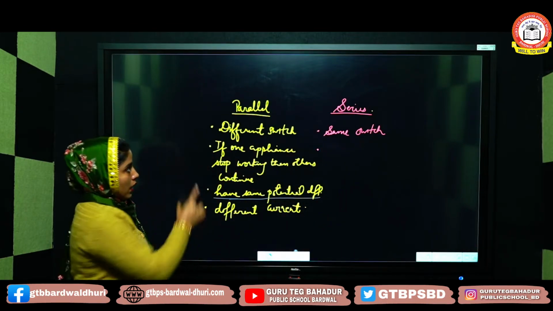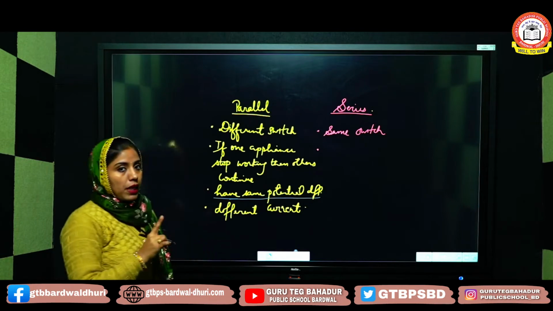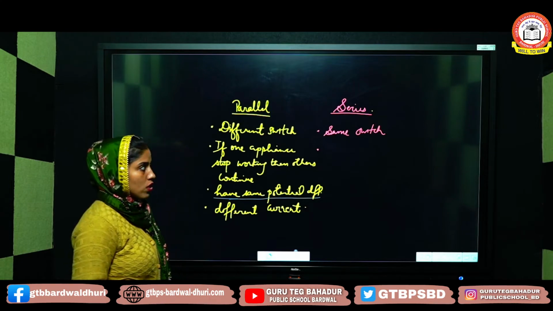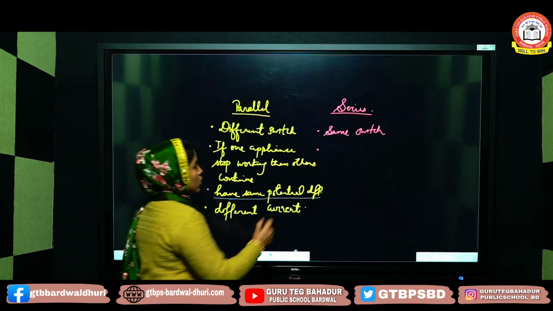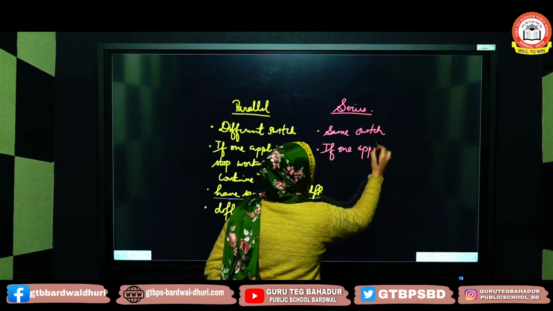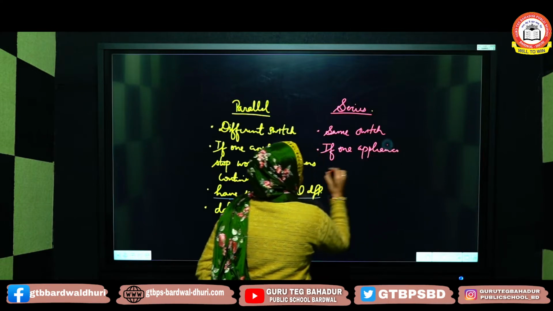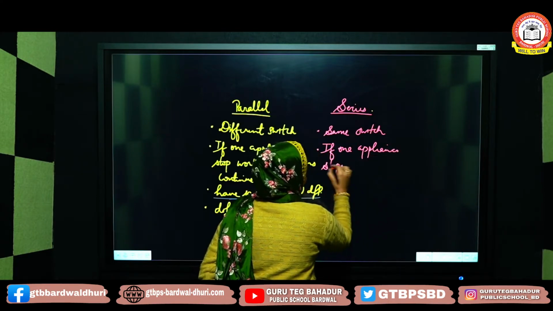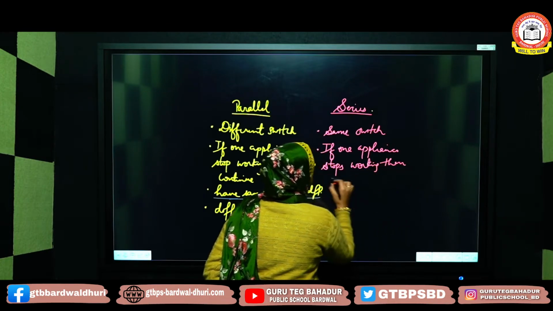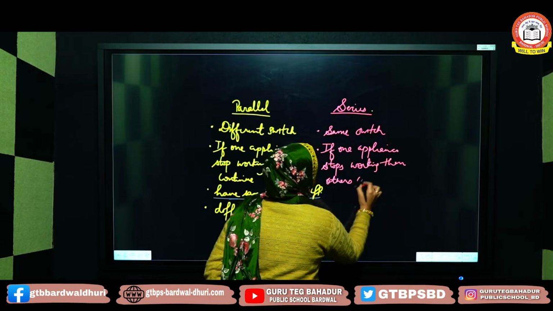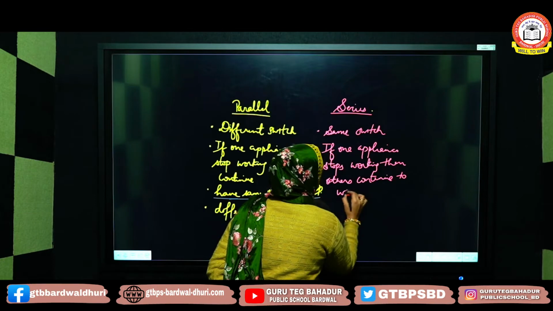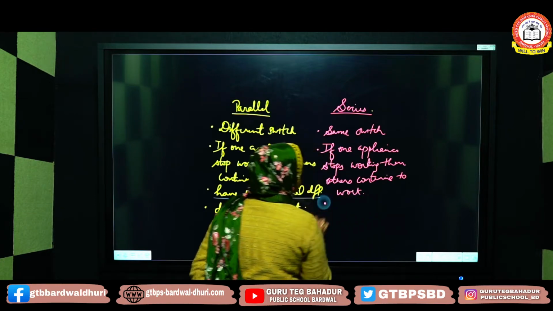Secondly, in parallel combination it is the main fact that if one appliance stops working there is no effect on any other appliance at our house or in the circuit. But in series combination if one appliance stops working, then the other appliances also stop working, because all are connected in series.